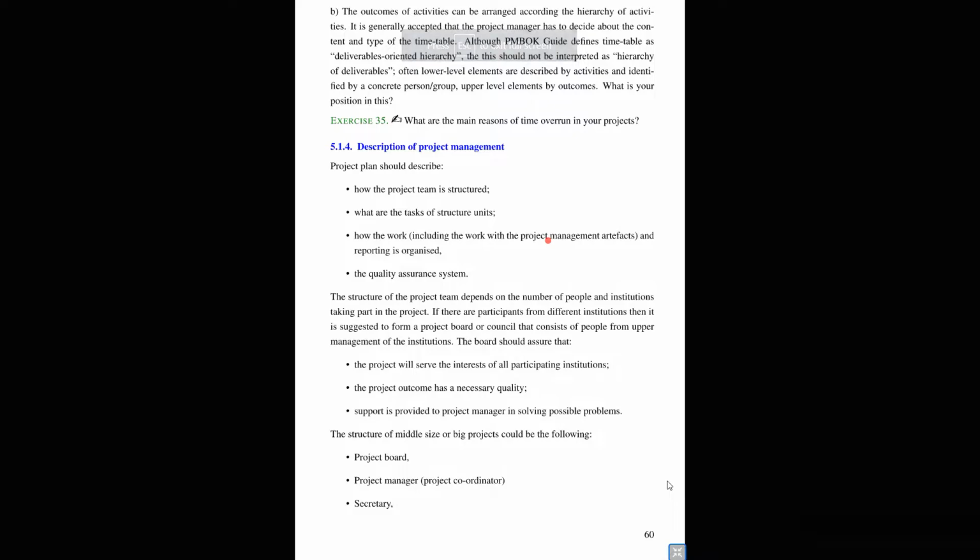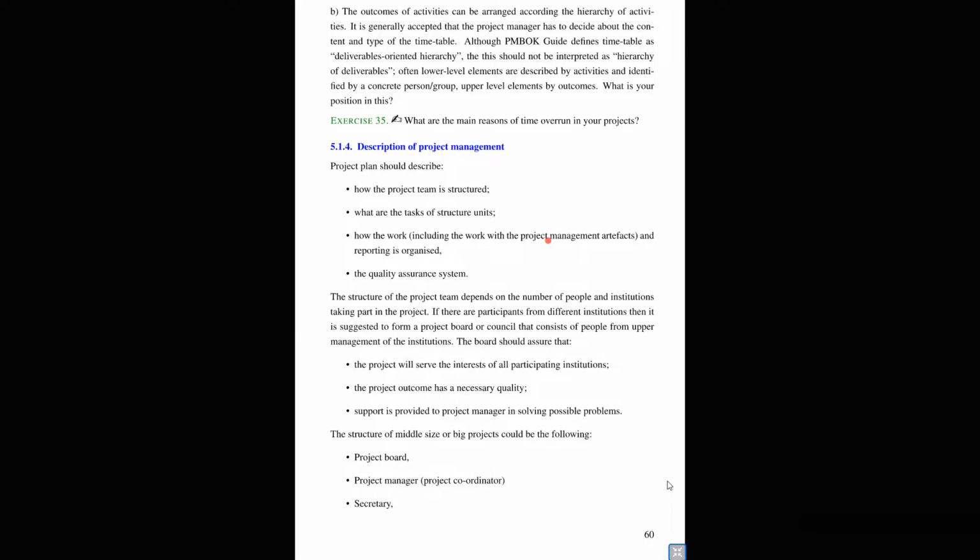The structure of the project team depends on the number of people and institutions taking part in the project.